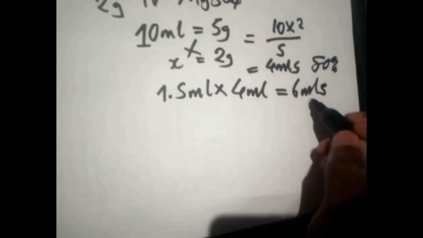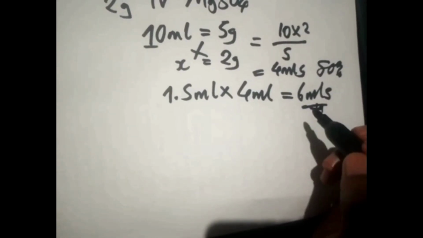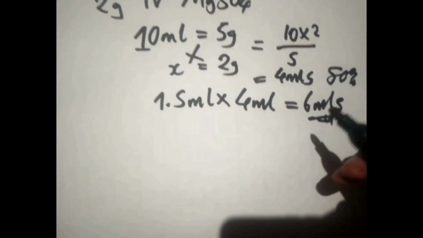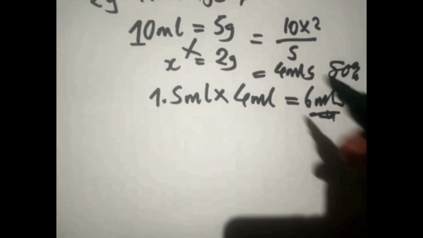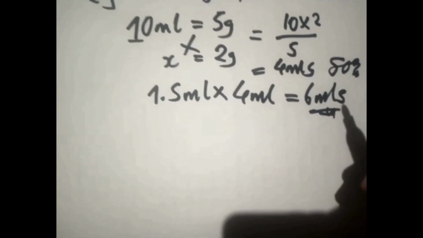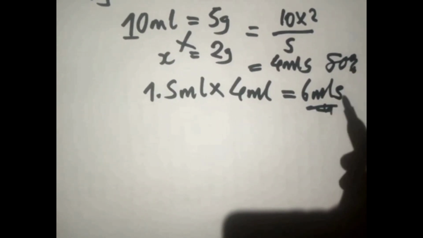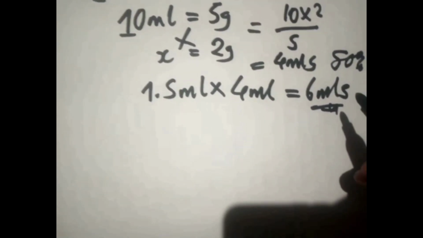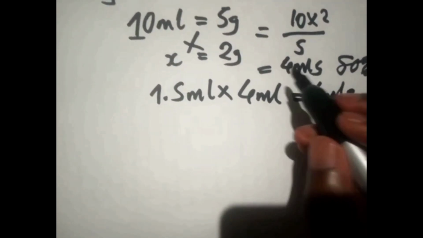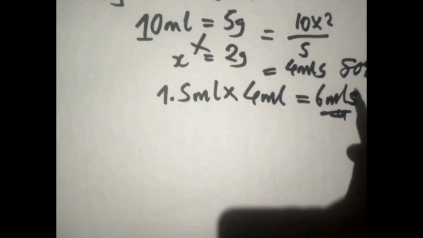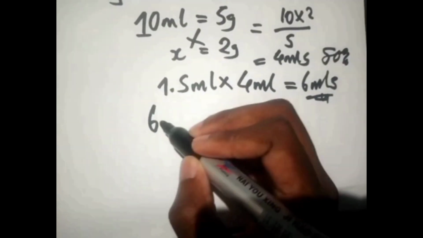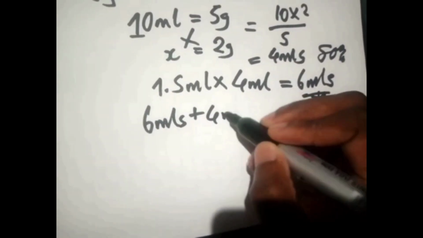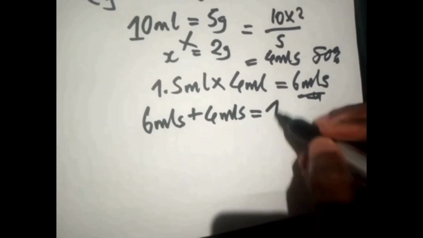Now this 6 mils is for the dilution. This is the amount you are going to dilute the 4 mils of 50% magnesium sulfate with. So we are going to use 6 mils of water for injection, then add it to 4 mils of 50% magnesium sulfate. So this is 6 mils plus 4 mils, which gives us 10 mils.